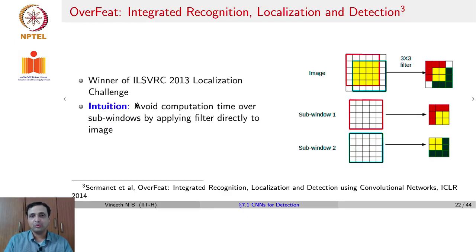The way OverFeat did localization was to ensure that your entire network is convolutional instead of having fully connected layers. This avoids computation time over sub-windows by applying filters directly to the image.